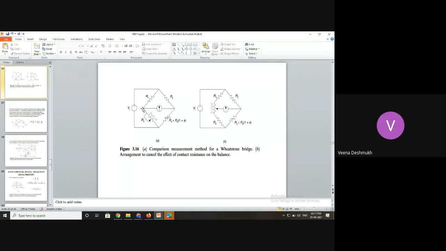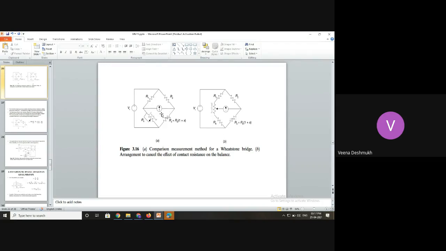So this causes change in the ratio arms. One ratio arm is fixed and in the other ratio arm, it no longer remains equal. As a result, the potential at these 2 points changes.